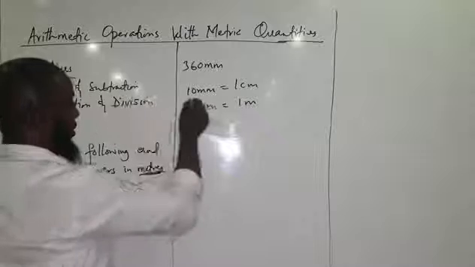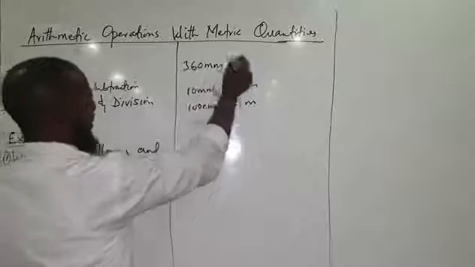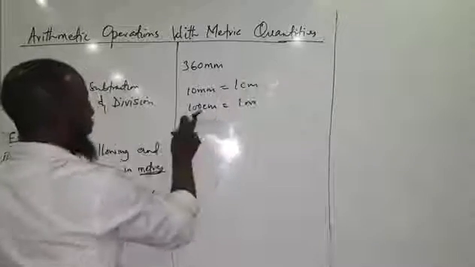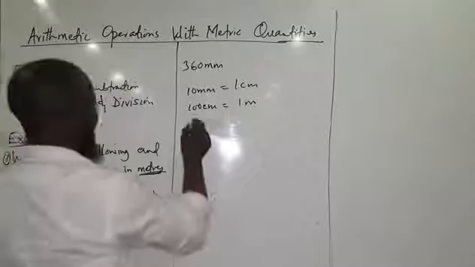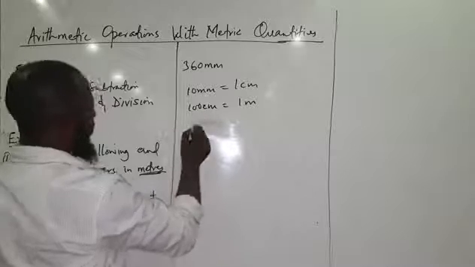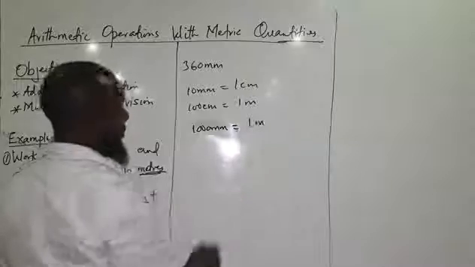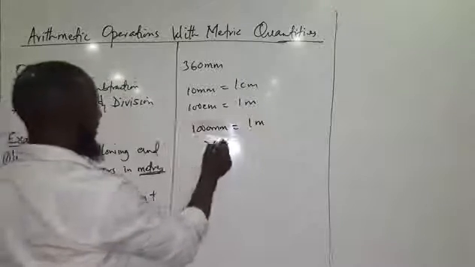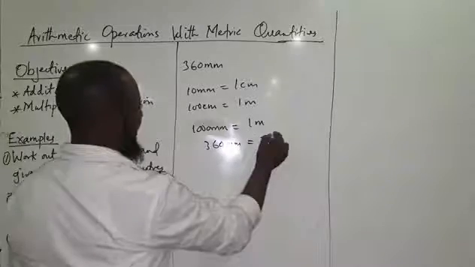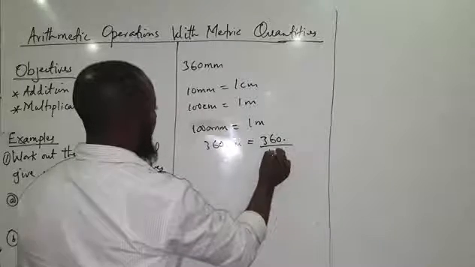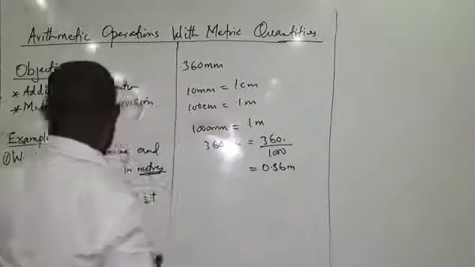We divide by 10, and whatever we get will be divided by 100. 10 times 100 gives us 1000, so 1000 millimeters equals 1 meter. So we have 360 millimeters, converted to meters: 360 divided by 1000 gives us 0.36 meters. That's the first one.